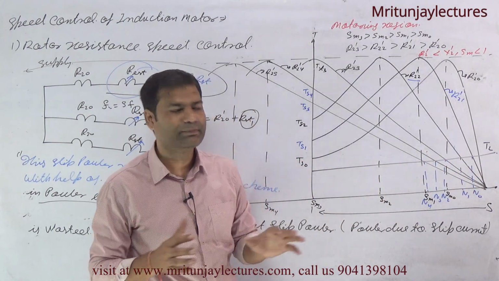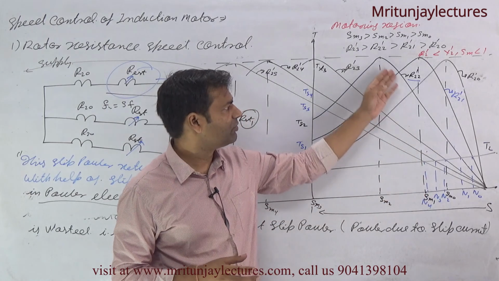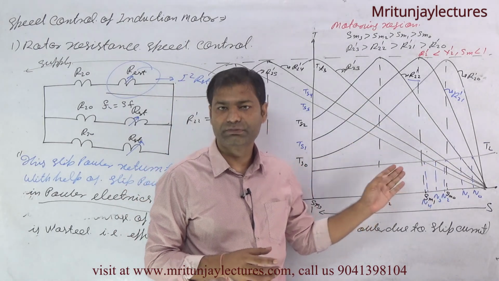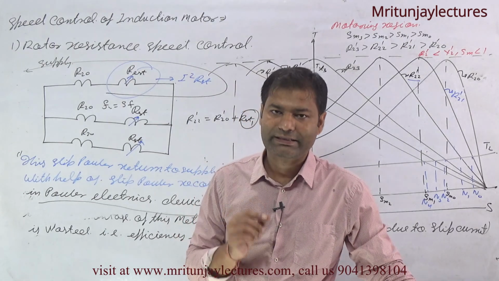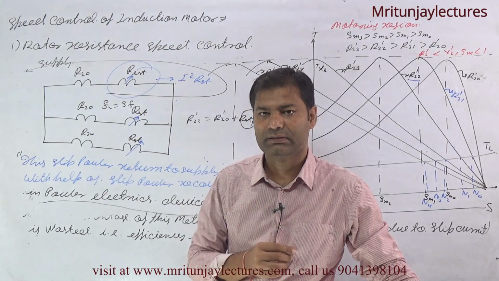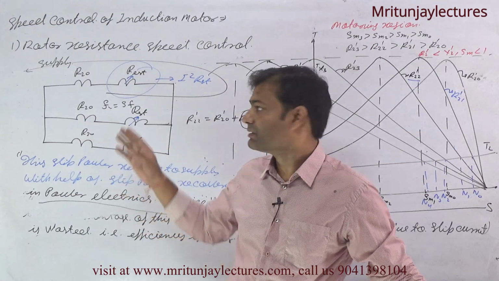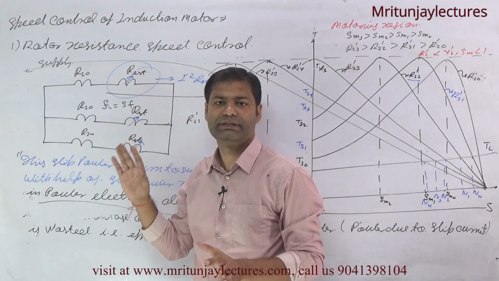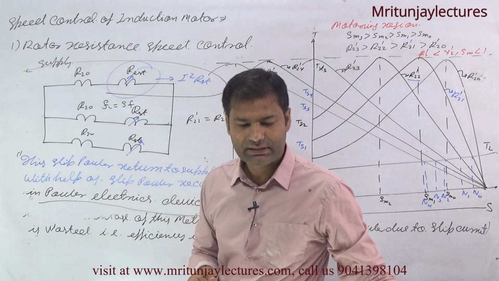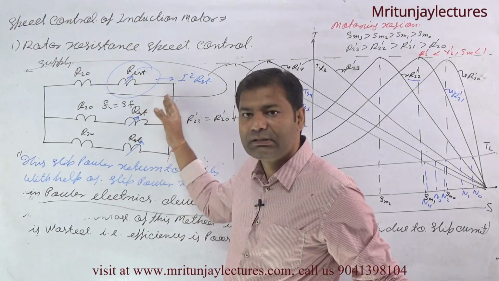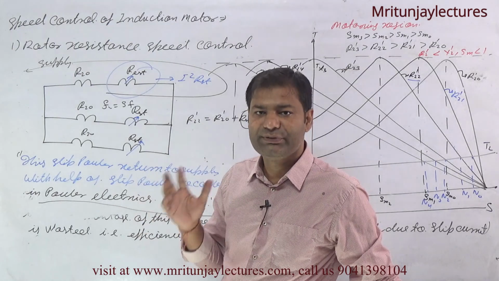If resistance is increased, then wide range speed control is possible. But one disadvantage is I square R, the slip power, corresponding to slip current into external resistance. Due to this loss, efficiency is poor.